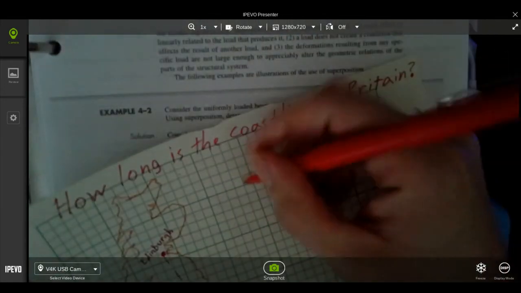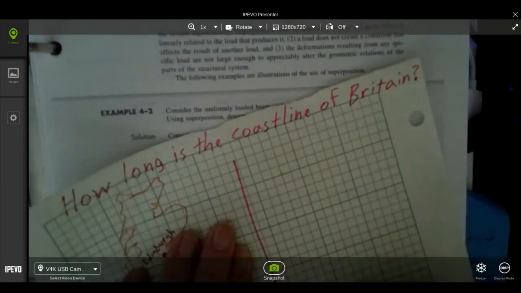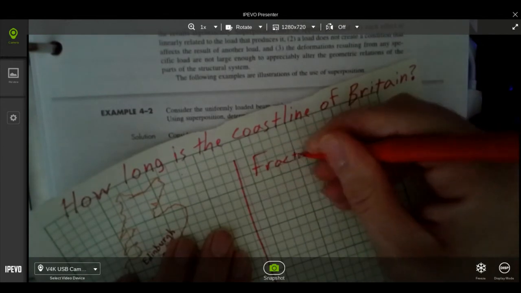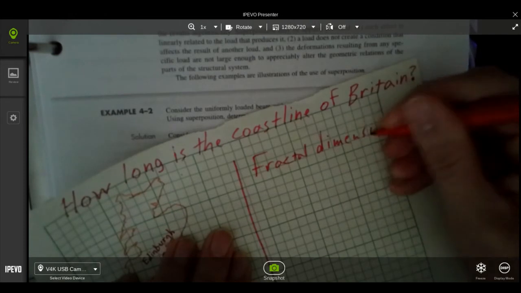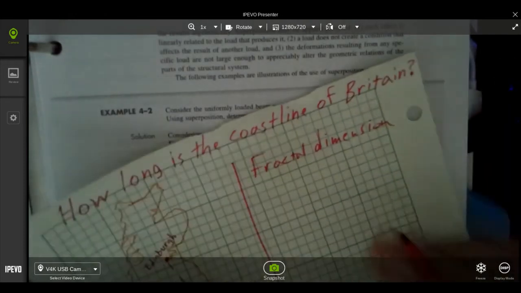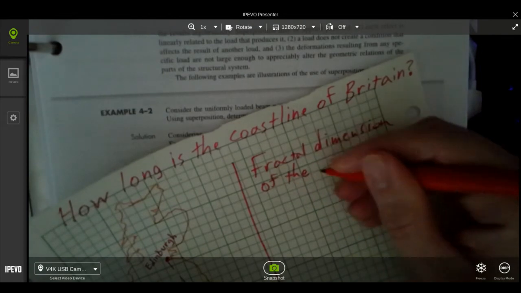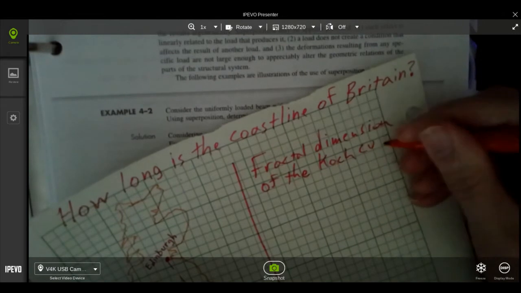And I'm going to just start with an easy example here. Right now we're just talking about the Koch curve. So the fractal dimension of the Koch curve. And fractal dimensions are kind of cool, actually.